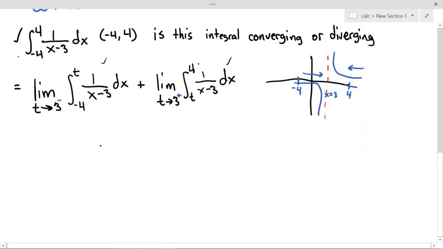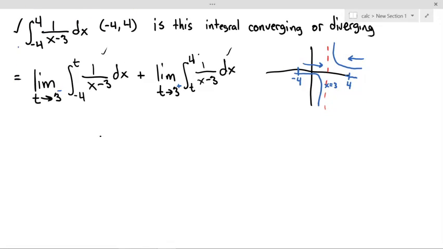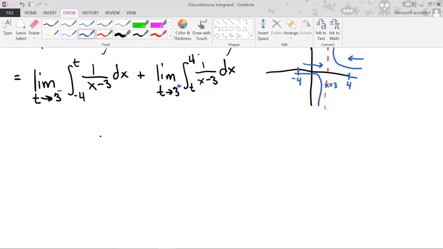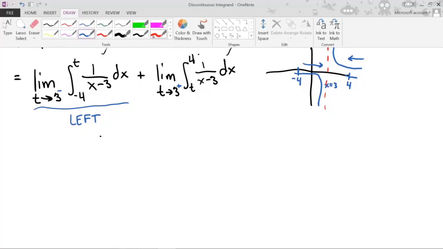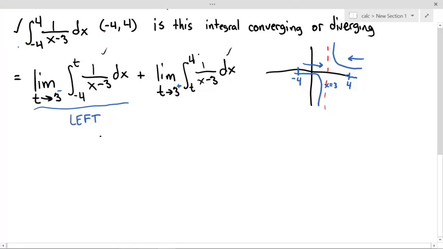We can pick and choose which one we want to do. This one's our left side, and in red, this one is our right side.